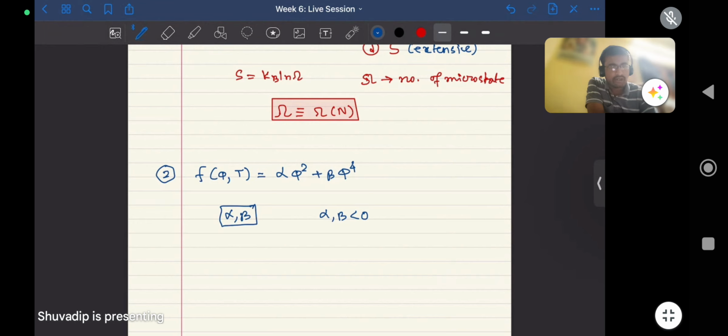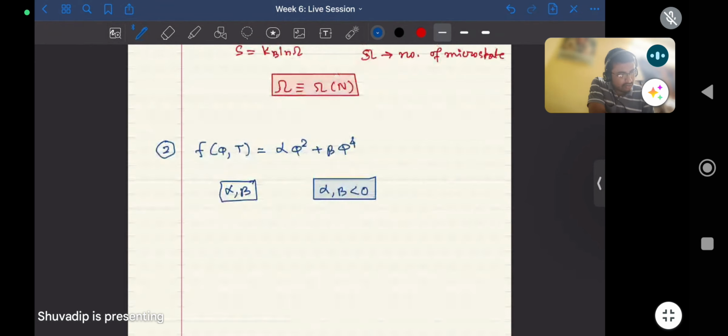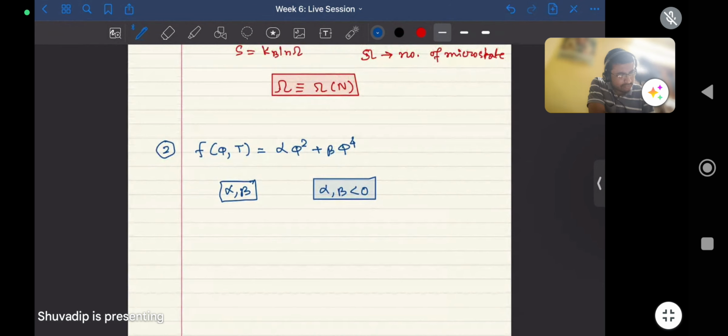You can try plotting with some plotting software: if alpha and beta are less than 0, then this function is convex. Convex means f double prime of phi is less than 0.